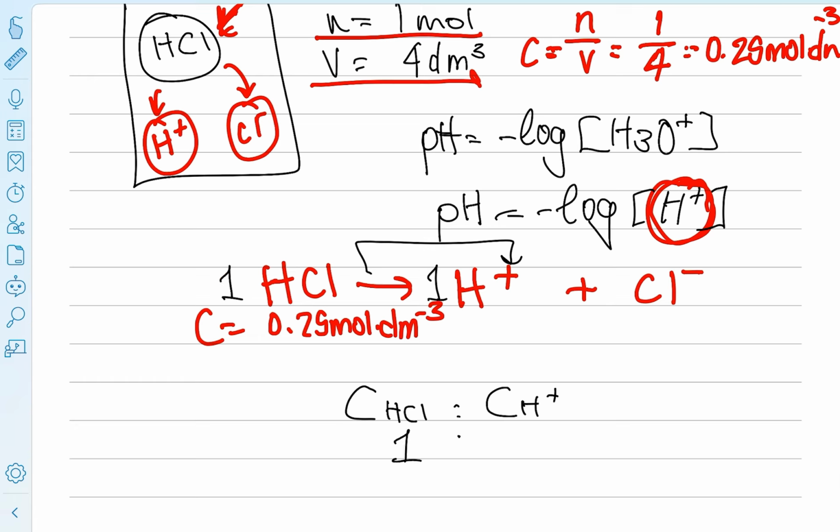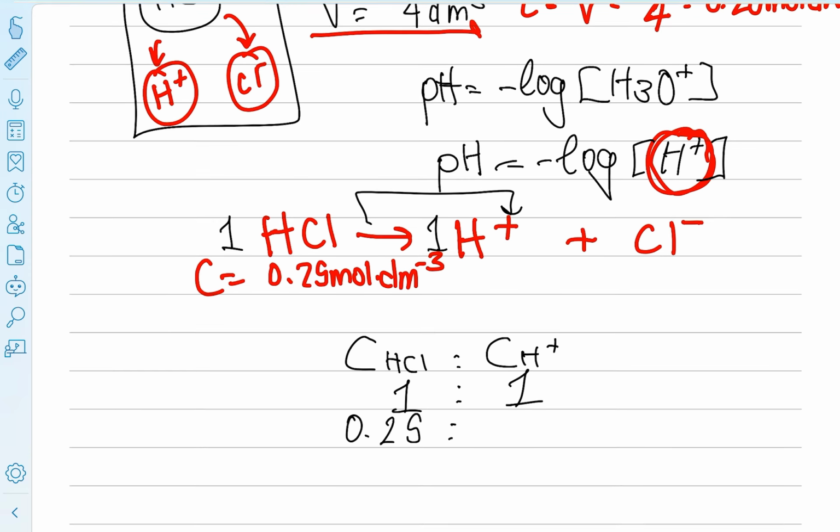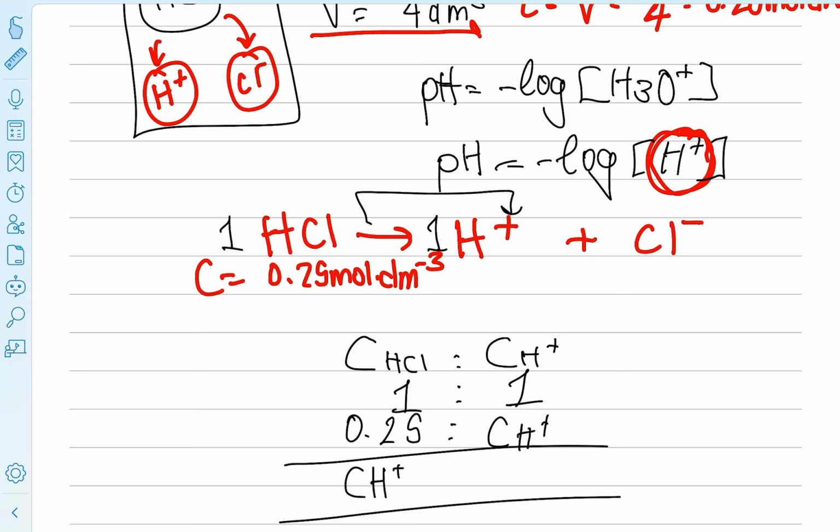So 1:1 is telling us that if this concentration of hydrochloric acid is 0.25, in a ratio of 1:1, we can now find the concentration of hydrogen ions. And now you'll see that the concentration of your hydrogen ions is 0.25 moles per cubic decimeters. And that is what you put into your equation there.